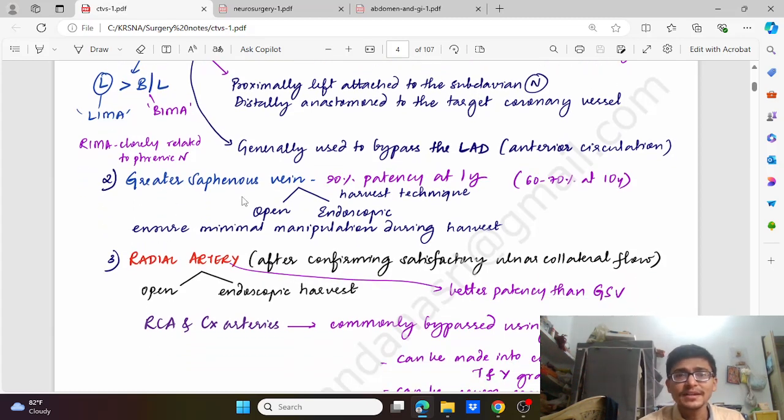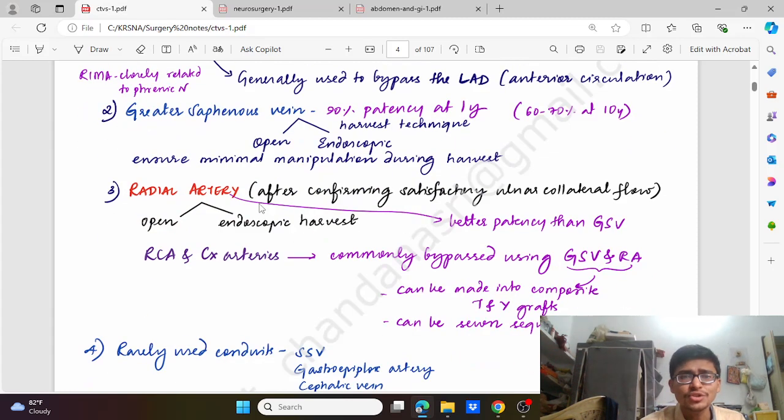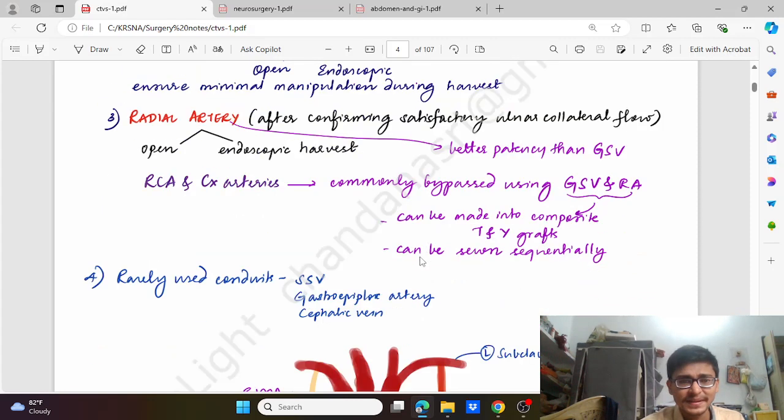Greater saphenous vein, which has 90% patency at 1 year and 70% at 10 years. The harvest technique could be open or endoscopic to ensure minimal manipulation during the harvest. Radial artery, after confirming satisfactory ulnar collateral with the help of Allen's test, is harvested by again open and endoscopic technique, with better patency than GSV.